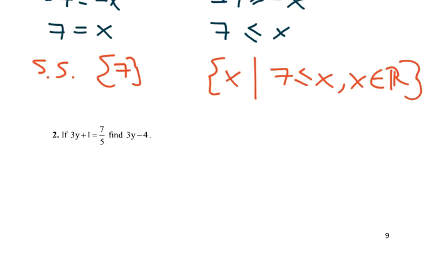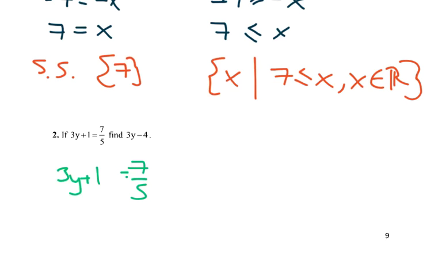Question 2 then, there's a number of ways of solving this. If 3y plus 1 equals 7 over 5, find 3y minus 4. This is the way I would do it. If I've got 3y plus 1 equals 7 over 5, and I want this to be minus 4, what I'm going to do is subtract 5 from both sides.